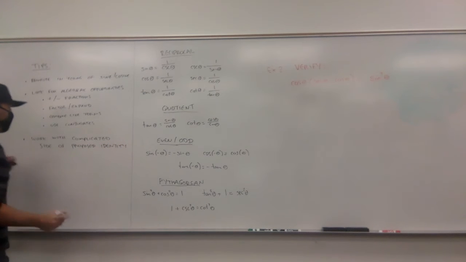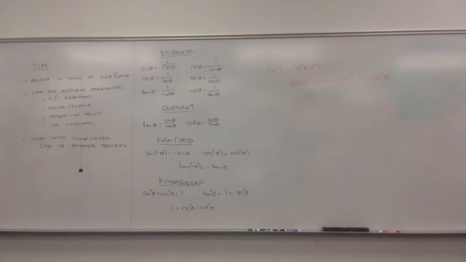The reason seems a little counterintuitive, like we'd want to work with the easier side. The more complicated side will have more opportunities for us. It'll have more trig identities hiding out. There'll be more algebraic opportunities.